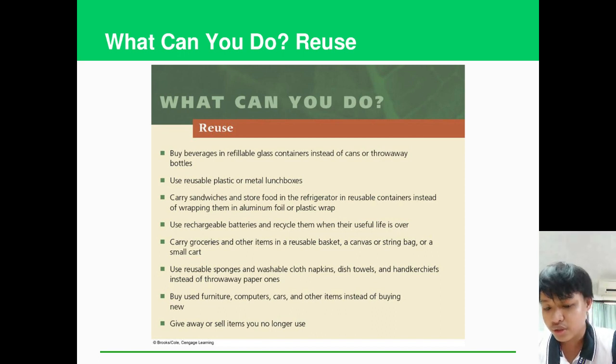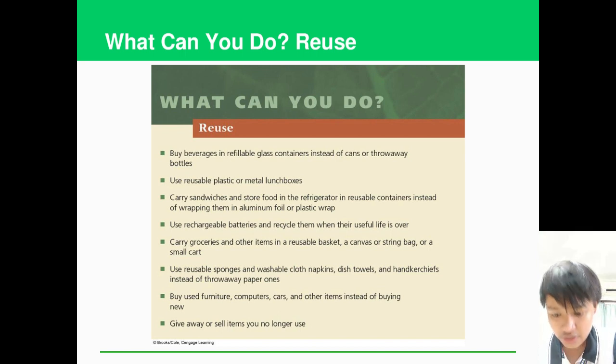Fourth is use rechargeable batteries and recycle them when their useful life is over. Fifth is carry groceries and other items in a reusable basket, a canvas or string bag, or a small cart.